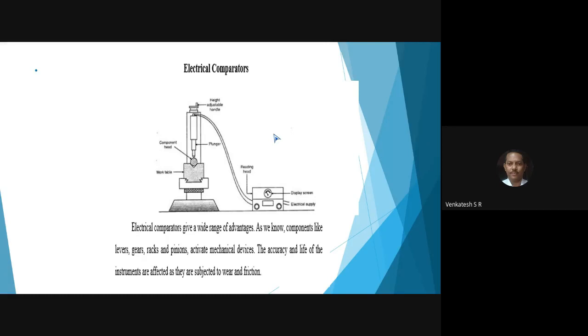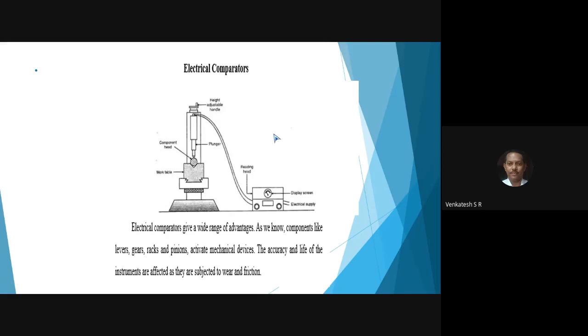Set the dial to measure, that is, in millivolts plus or minus 0.05 in the voltmeter or galvanometer in the instrument. Then place the shaft on the V block and make the plunger touch the circumference of the shaft. Then slowly turn the shaft clockwise and anti-clockwise.